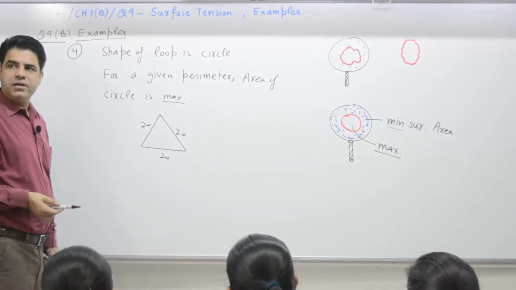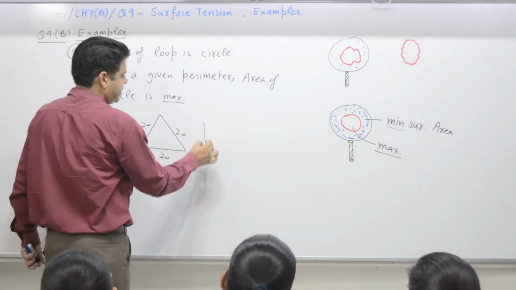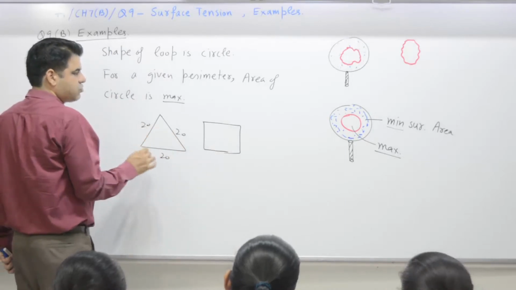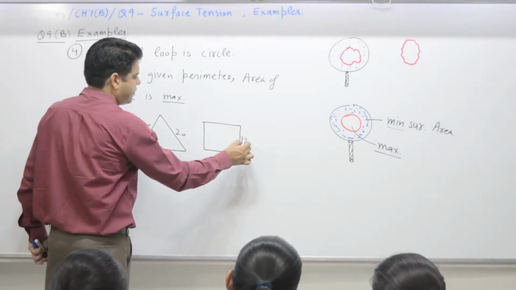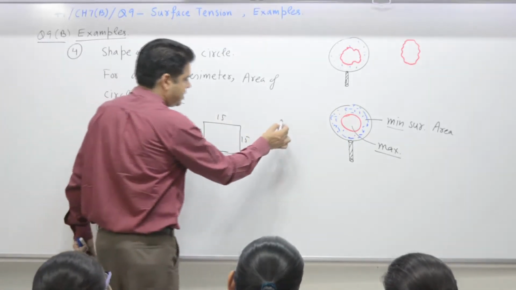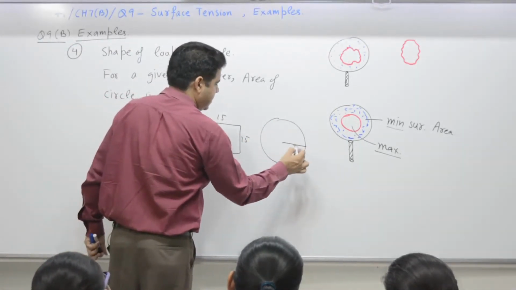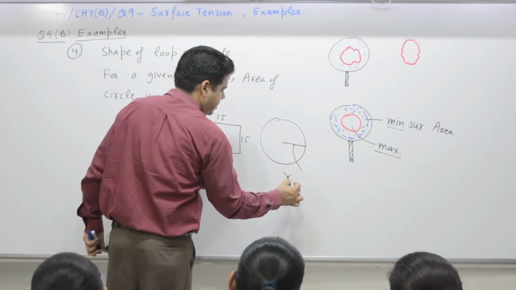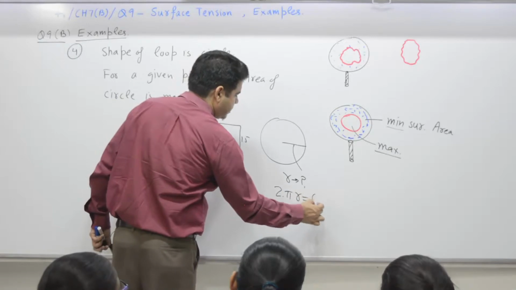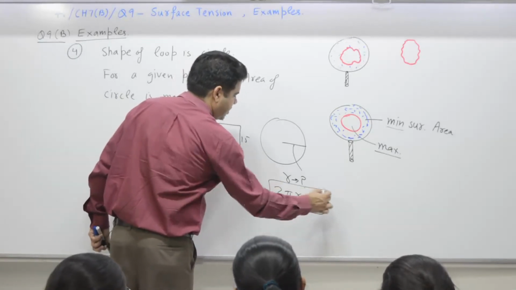You can make it a square also. Total length has to be 20 plus 20 plus 20, 60. Each side is what? 15, 15, 15. You can make it a circle also with what radius? R, such that 2 pi R is equal to 60. You can find out the value of R.